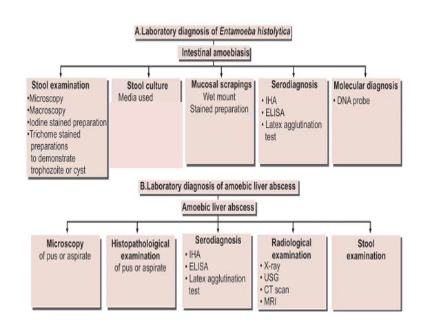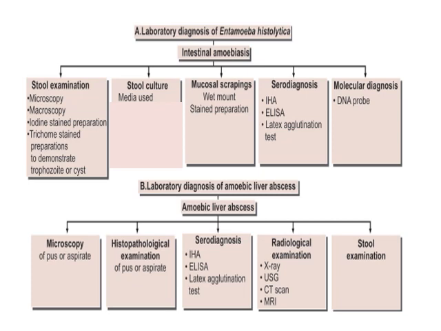We have mucosal scraping and wet mount stained preparation. We can demonstrate cyst and trophozoite. We have serological diagnosis by indirect hemagglutination test, ELISA, and latex agglutination test. And we have molecular diagnosis by PCR using a DNA probe.